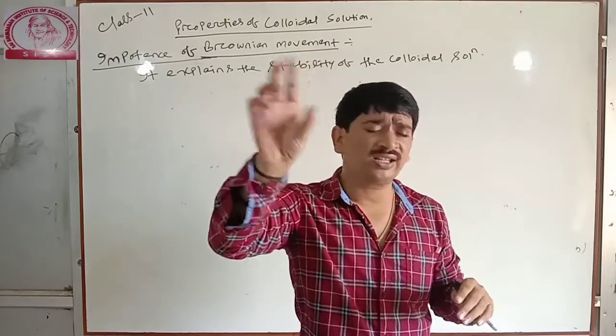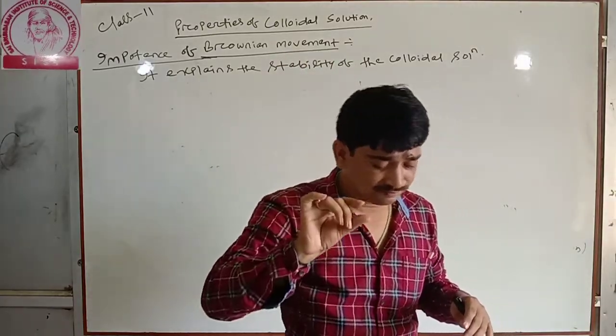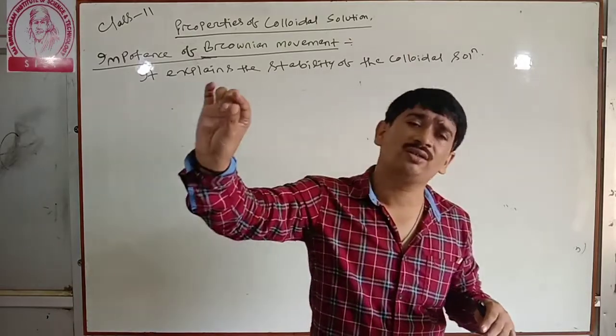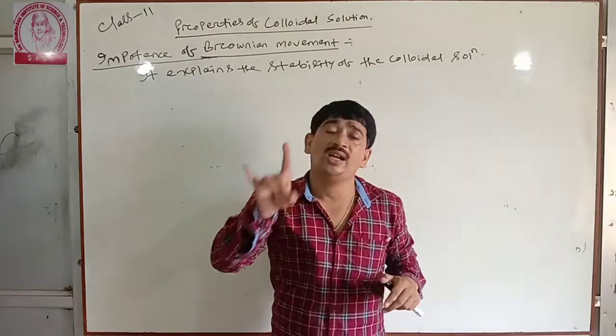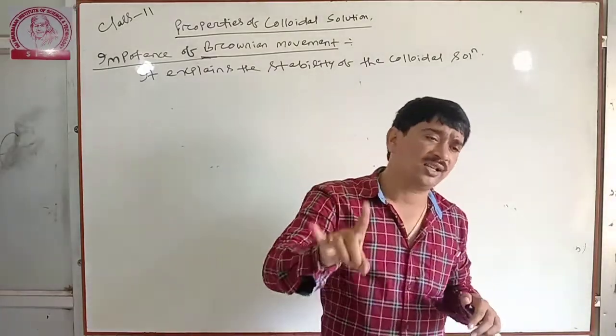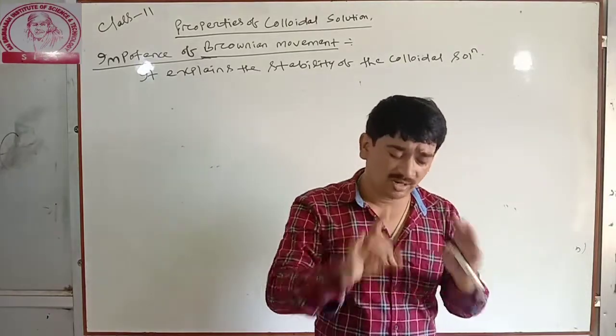First 2 points, then the figure. After that, the cause: 1 point. It arises due to the unbalanced bombardment of the particles of the dispersed phase and molecules of the dispersion medium.